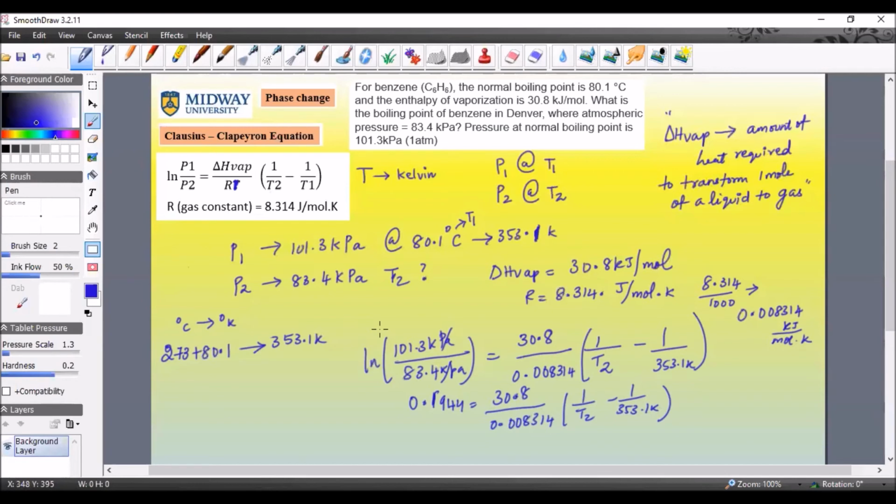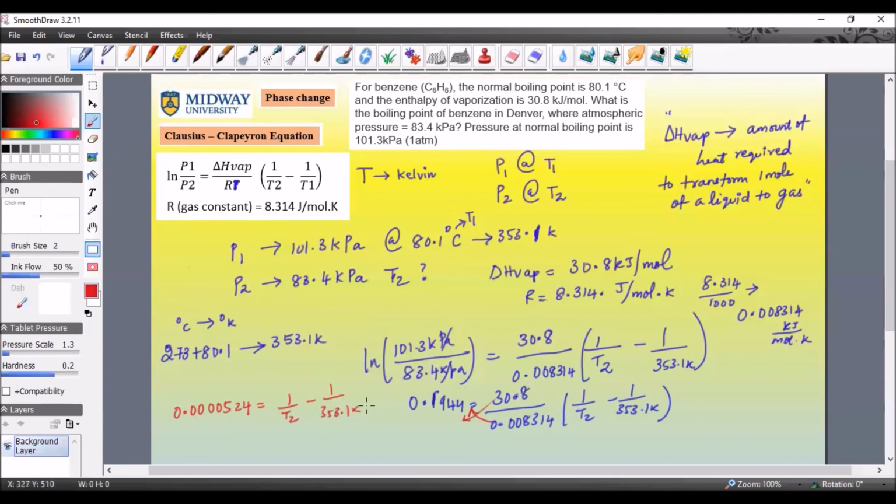Now you have to do some math here. Multiply this by 0.008314 and divide by 30.8. I'm going to do this last piece of conversion math in red. When I multiply and divide by these numbers, I get 0.000524, which equals 1 over T2 minus 1 over 353.1.